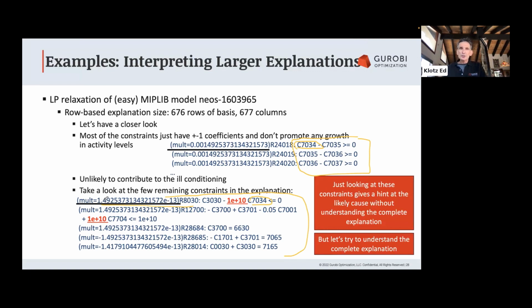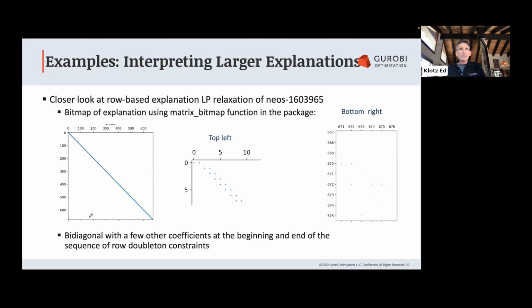One thing that's interesting is that the multiplier values for this first group of constraints are actually a factor of 10 larger than the multiplier values for the constraints with the big M's. Anyways, let's take a closer look.